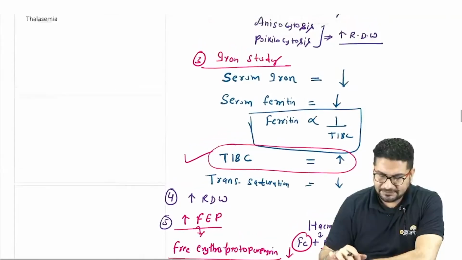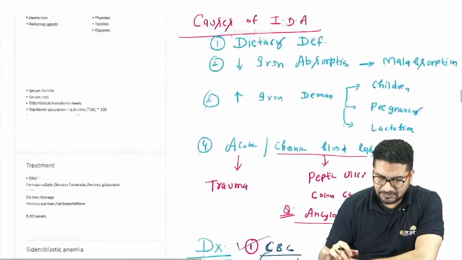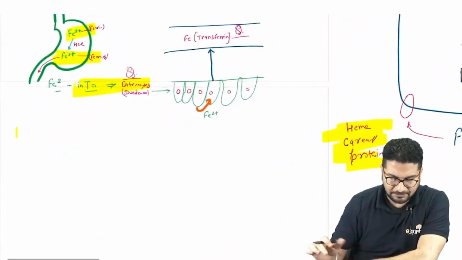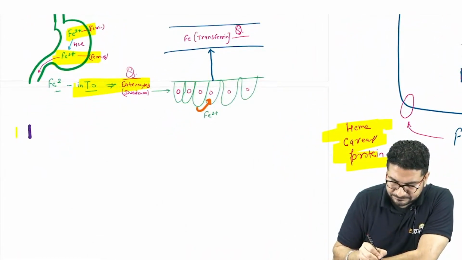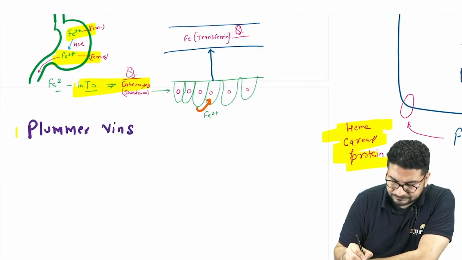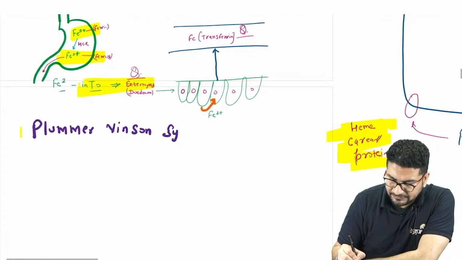Okay, now understand. There is a syndrome called Plummer-Vinson syndrome. This is important because they ask MCQ with this syndrome. Understand guys what it is.